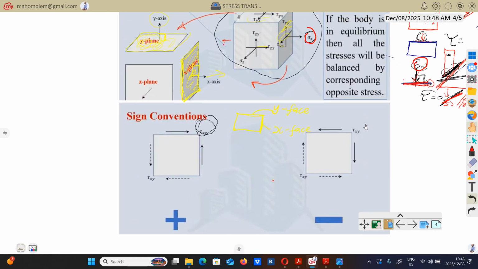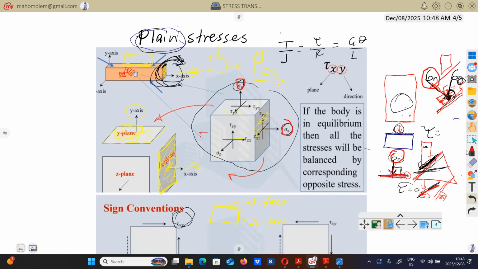From here, let's move to the direction of the shear stress and the angle. So on our formulas that we're going to use, we're going to find the value of the shear stress. In most cases, it's going to be given. But if the shear stress is not given, you can use this formula here. And then the shear stress is going to be written like this.